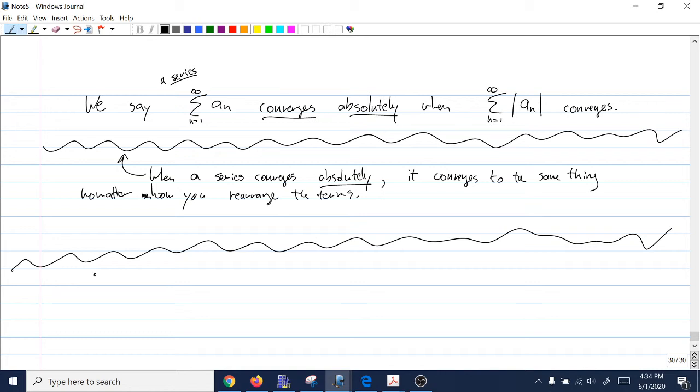Right. If a series converges but not absolutely, we say it converges conditionally.